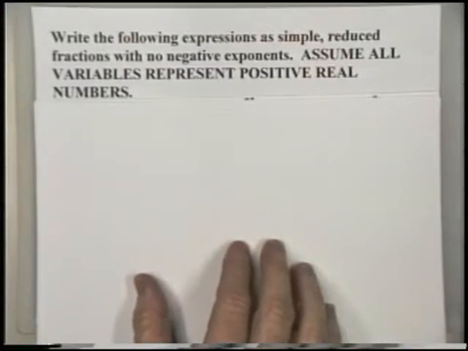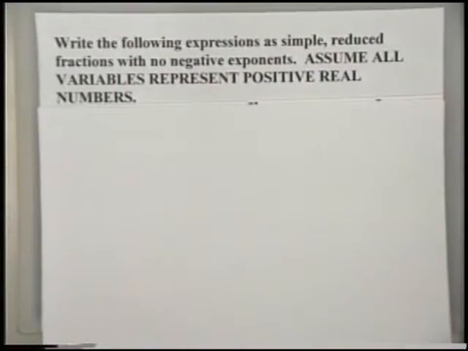Now we want to simplify some expressions involving rational exponents and variables as their bases. Let's look at the directions that you'll see most likely in circumstances like this. Might say something like this: write the following expressions as simple reduced fractions with no negative exponents.